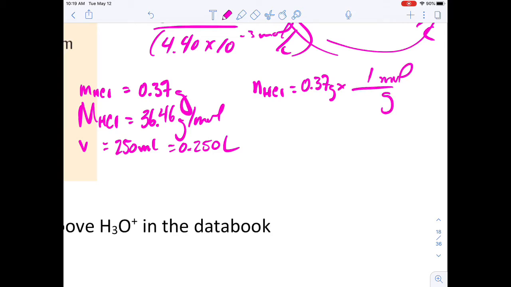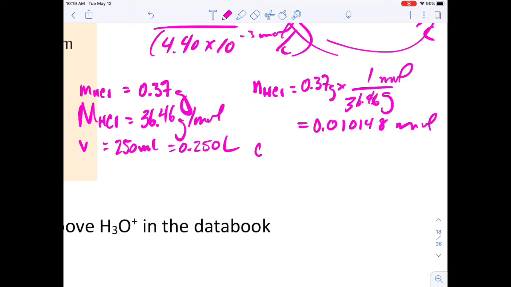So 1 mole is 36.46 grams, and I'm coming out with 0.010148 mole.